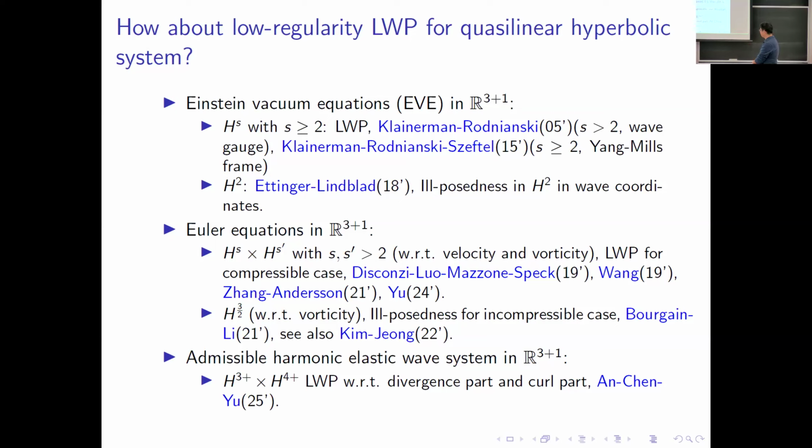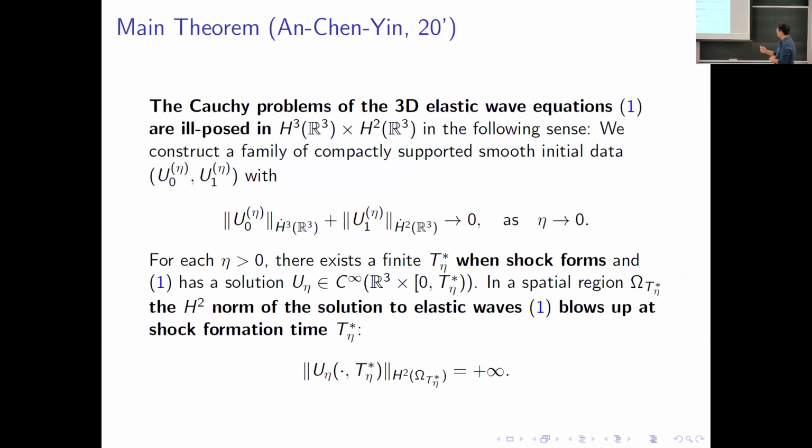For that structure, together with Haoyang Chen and Sifan Yu, we show that this system has H3+ and H4+ local ill-posedness with respect to the divergence part and the curl part. Both the result for the Euler equation, the low regularity result we mentioned, and this result will be sharp in terms of the velocity and the divergence part. We will see the ill-posedness very soon. Right, so back to our talk.